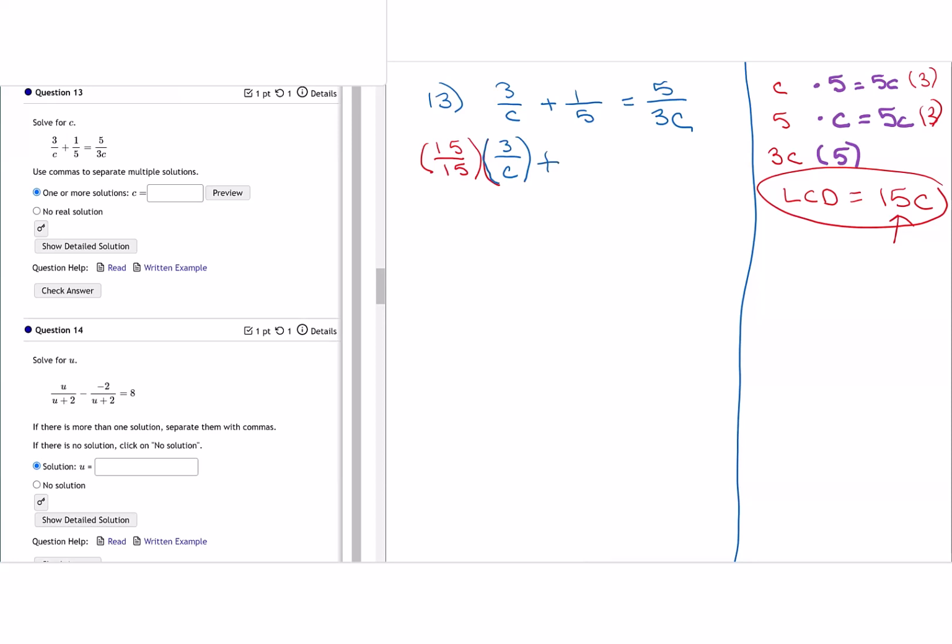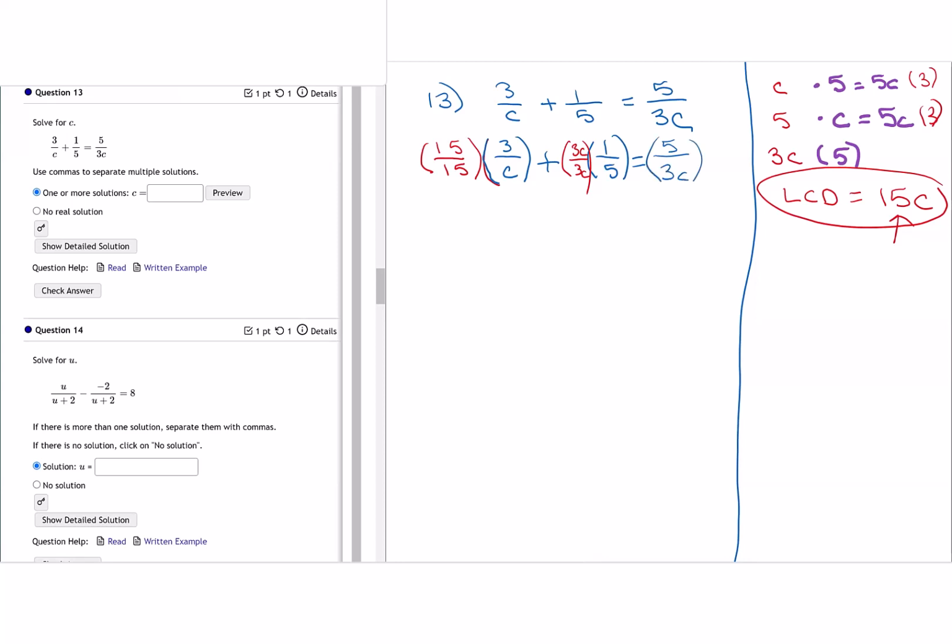plus 1/5. And what am I going to multiply that by? I need it to be 15c. I need to multiply that by 3c over 3c. That equals 5 over 3c.